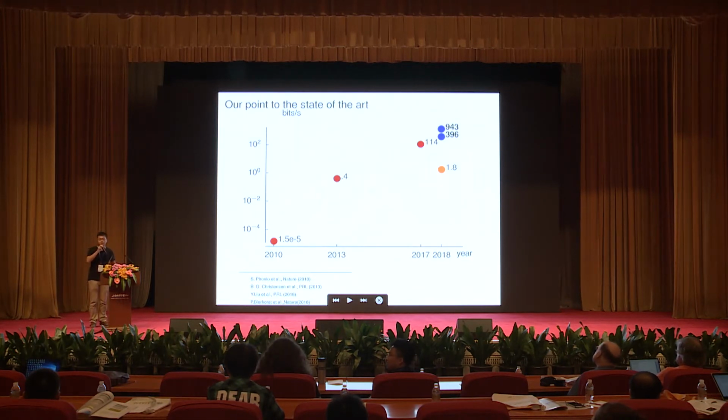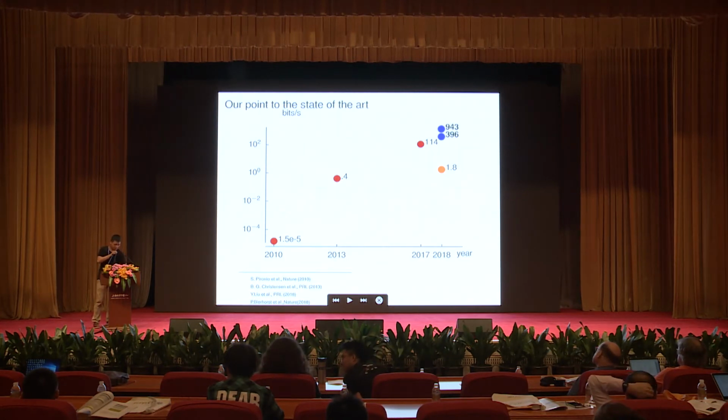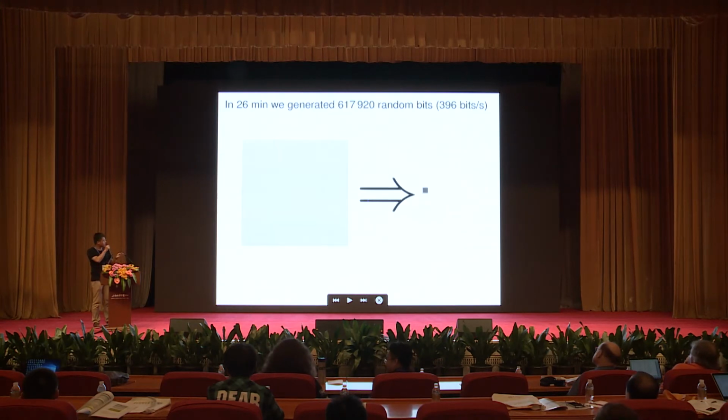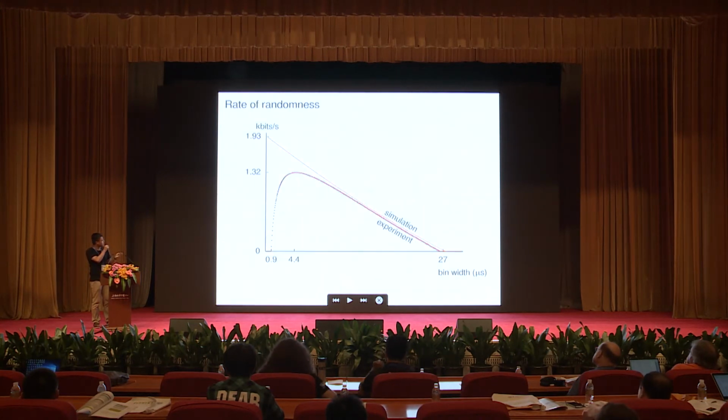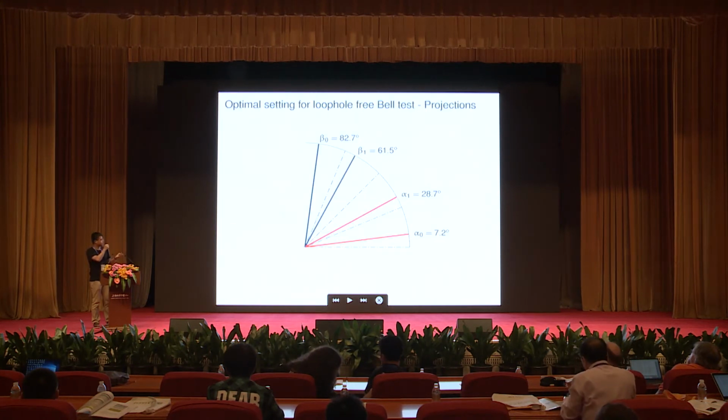If you want to distribute it over some distance, the efficiency of your setup will reduce, and then the rate will probably also reduce. That is another problem. But for now, our efficiency is about 82%. For a fiber kilometer, it's maybe reduced by like 2 or 3%.